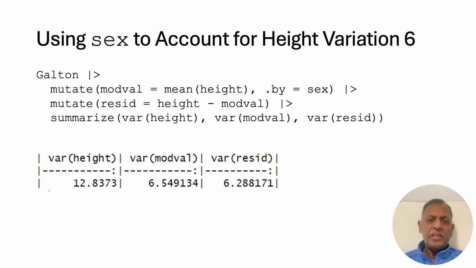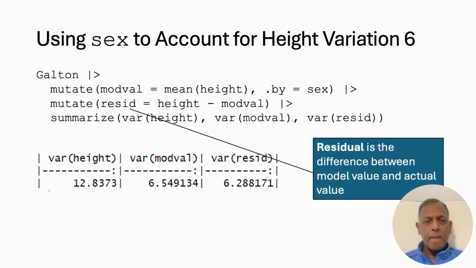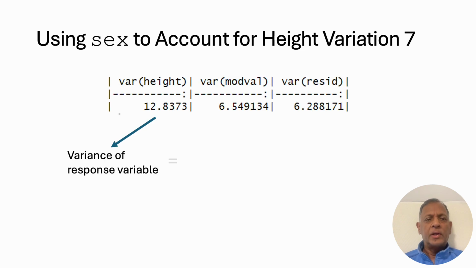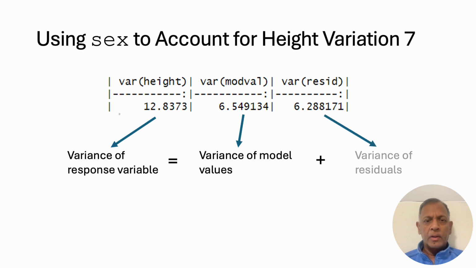We see the variance of the residual is 6.288. And the important thing we see here is that the variance of the response variable is equal to the variance of the model values plus the variance of the residuals. This is always the case, and in fact this holds only when we calculate the variance by squaring the difference between the values.